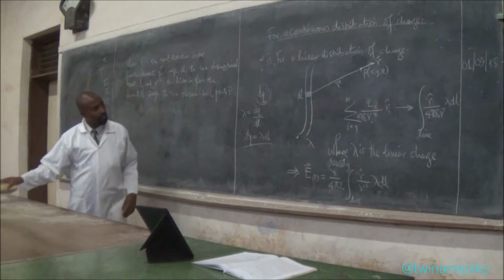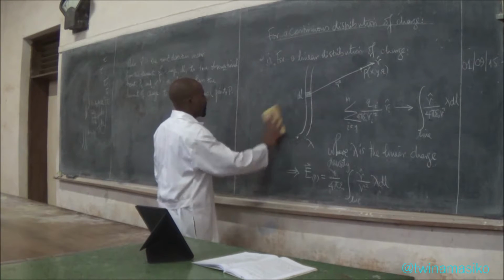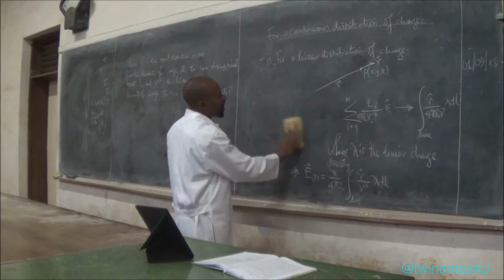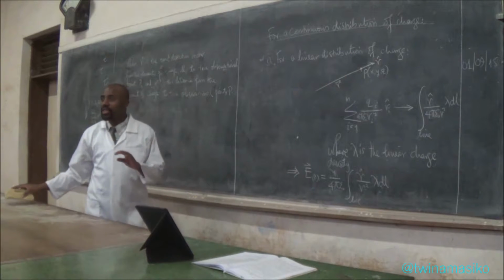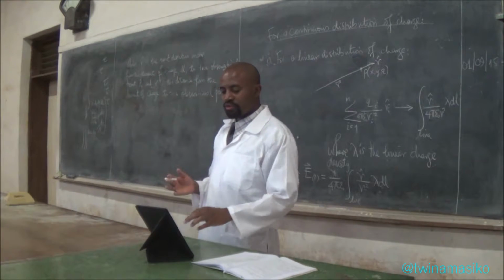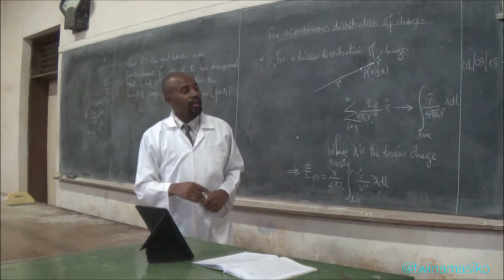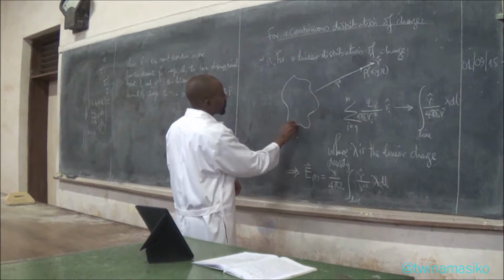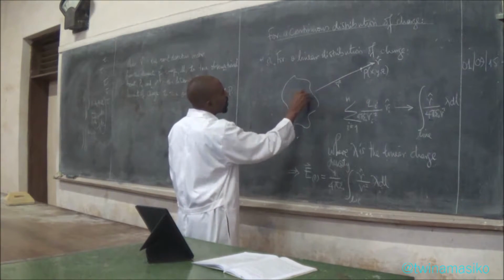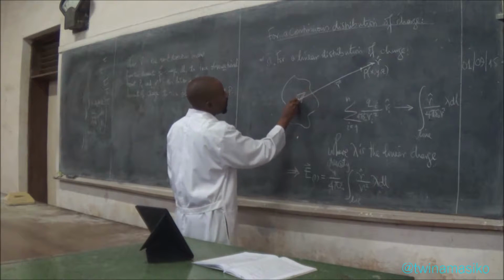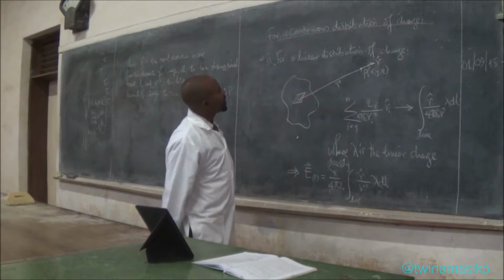In the interest of conserving chalk, I will now rub this off and bring in the surface charge distribution, and put my surface here, and have a small surface chopped out. The others remain the same.